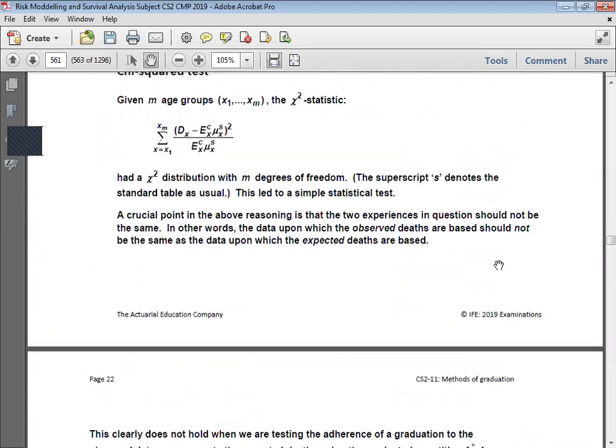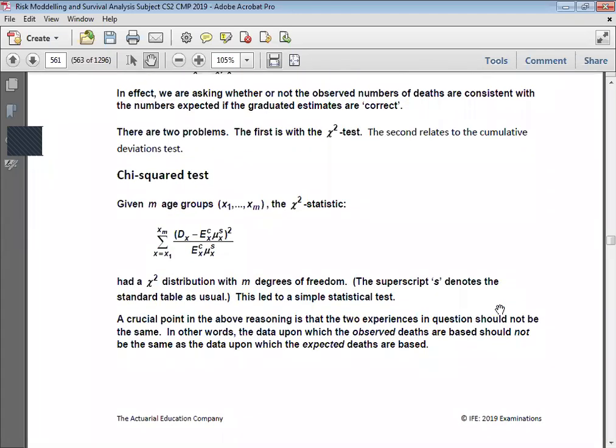The only thing important is this. Whenever we use the chi-square statistic, we want the observed data and the expected data not to come from the same population, because if they do, there's not much point in trying to figure out whether the observed is close enough to the expected.